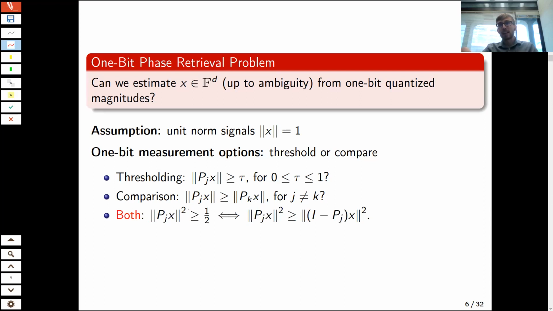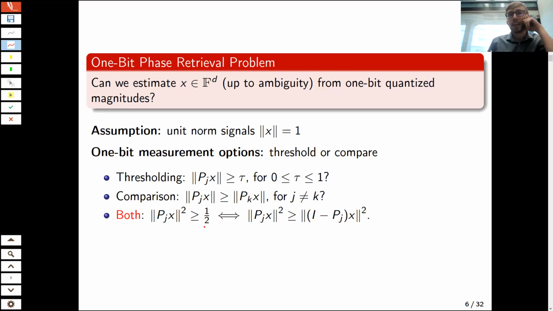And really there's a natural setting where, so you could study either of these, but there's a natural choice for a threshold that then coincides with the natural choice of comparison. And that's really the one that we chose to focus on for our algorithm. So I want to highlight it here.